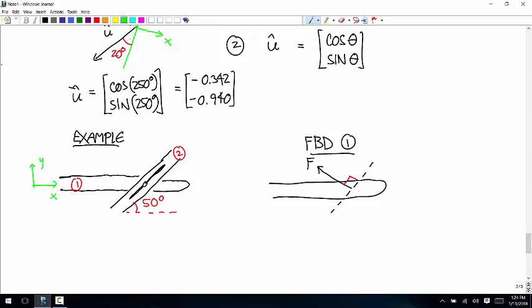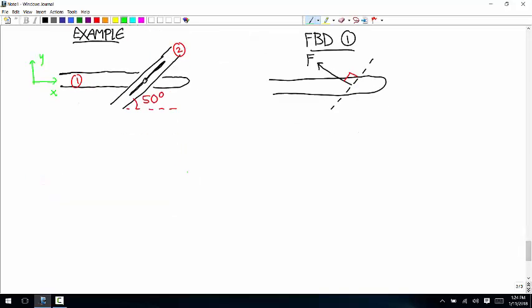So let me write it like this. There's the coordinate system. Here's the first vector we know. Here's the second vector we know. And so theta, this is the unit vector we want.